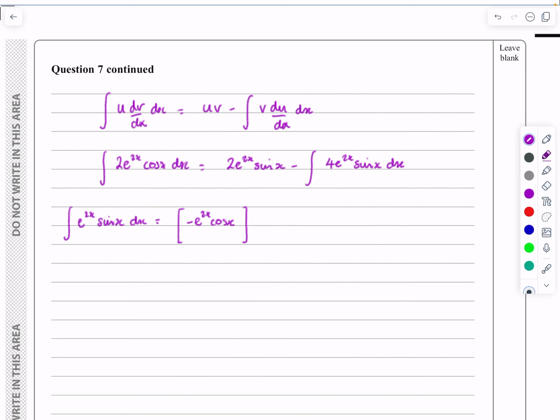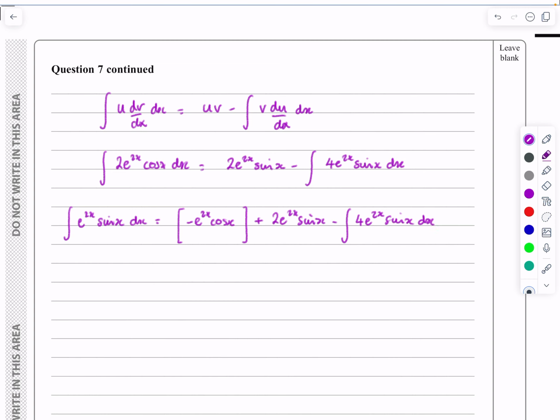We had plus all of this bit now, so plus 2e to the 2x sin x, and then minus 4e to the 2x sin x, the integral.